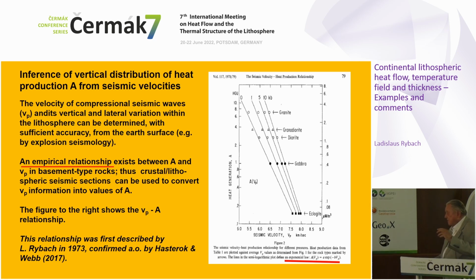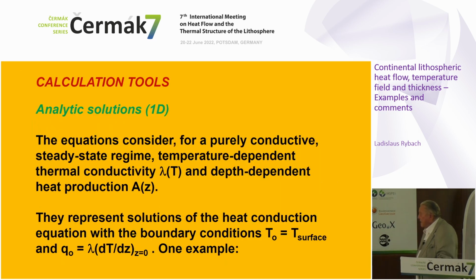Okay, so if you need the heat production somewhere in the subsurface, you look for VP values, and then you can have it. Actually, this relationship has also been discovered by Russians, but fortunately a couple of years later. But they did it apparently independently. Okay, so let's go ahead.